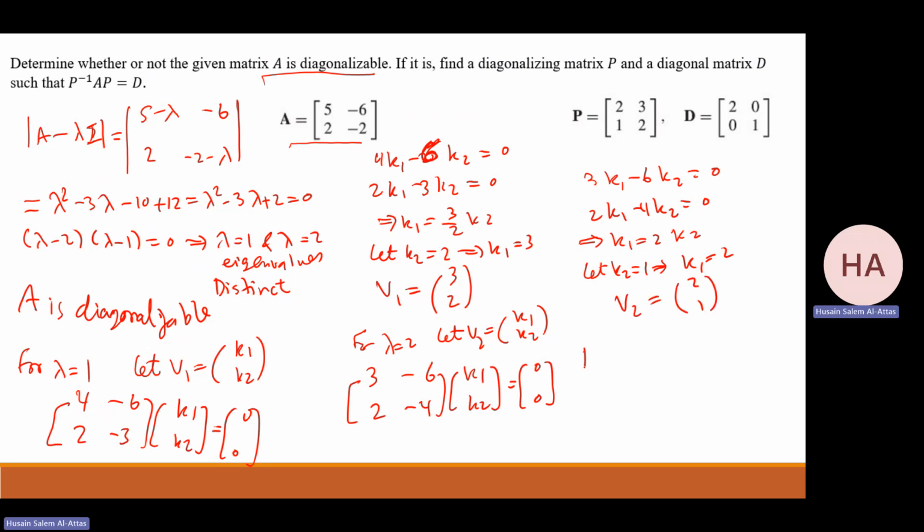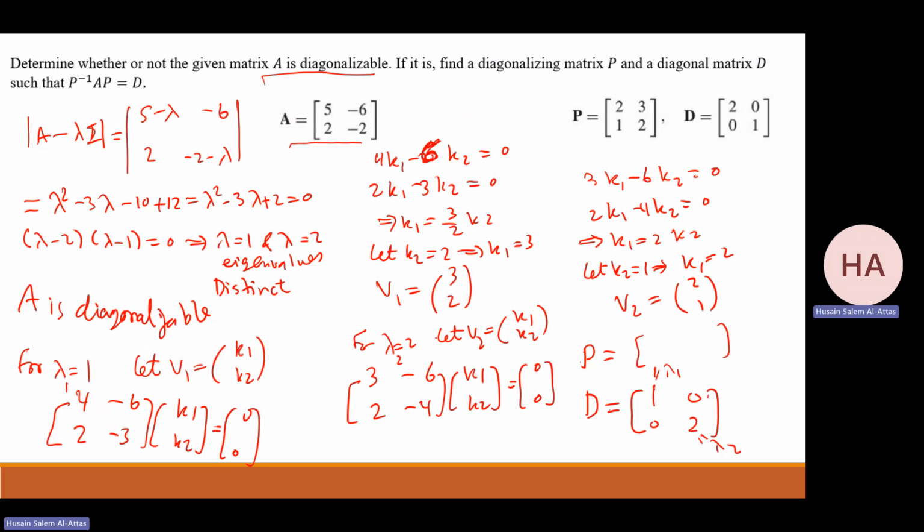Right away, what is P and what is D? If I fix D, this is lambda 1 and this is lambda 2. So lambda 1 is 1, lambda 2 is 2. Right away, what will be P?